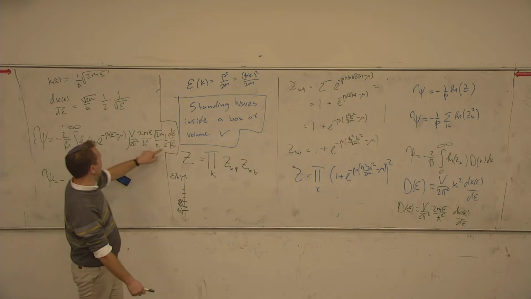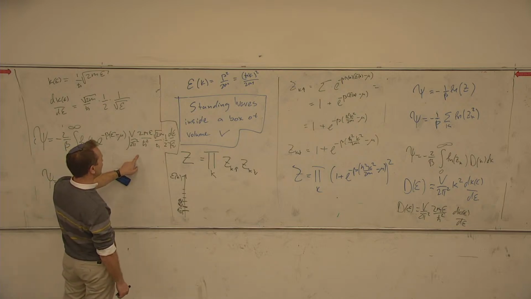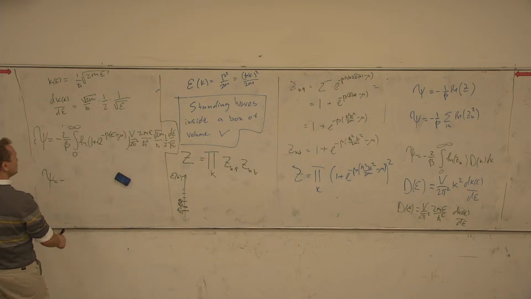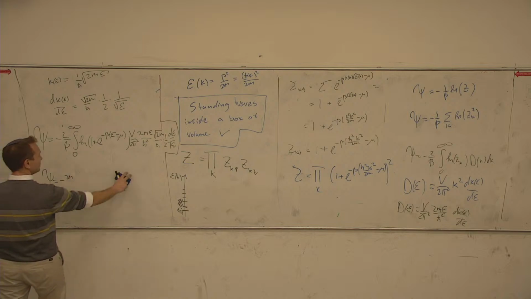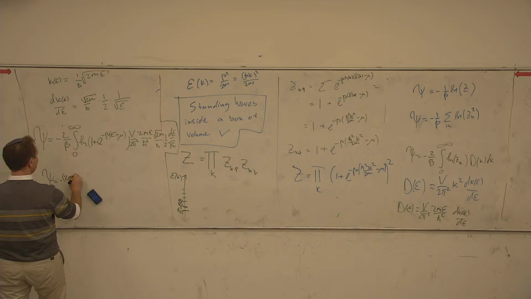Minus 2 over 2 goes away. Let's take everything that is independent of epsilon and beta. Let's take everything out. So we have 2m to the third power, 3 over 2.